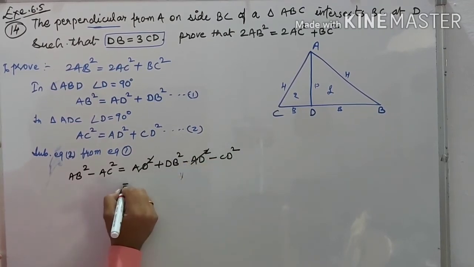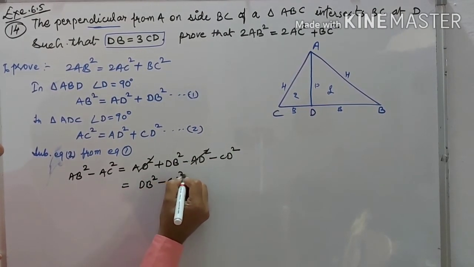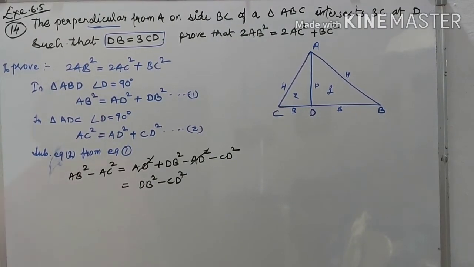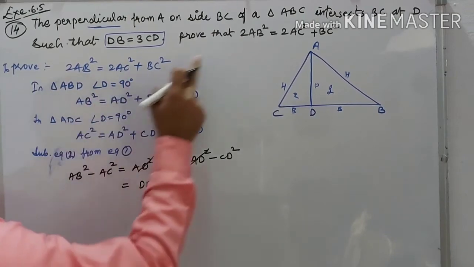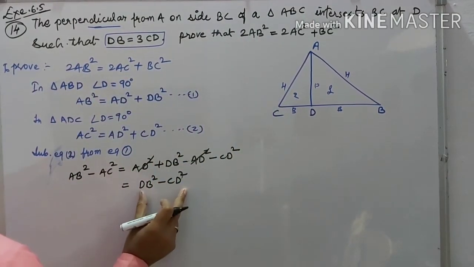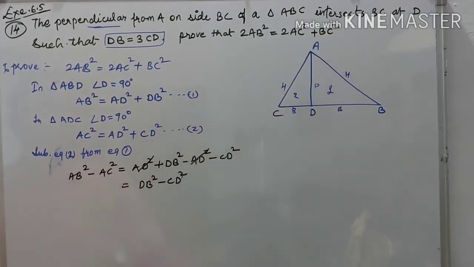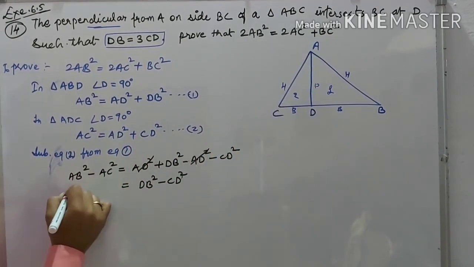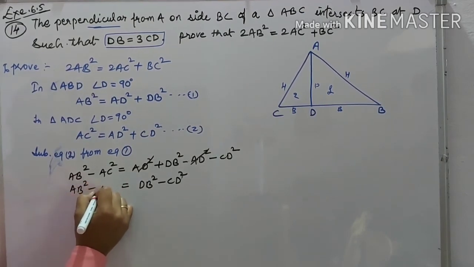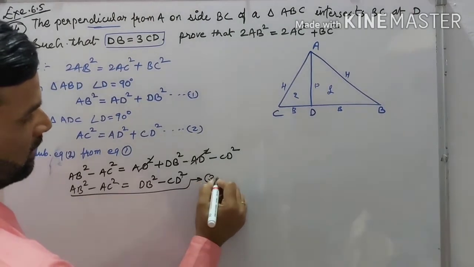AD square cancels, leaving DB square minus CD square. Then you change both sides into the form of BC, because at last only BC remains. This is equation number 3.